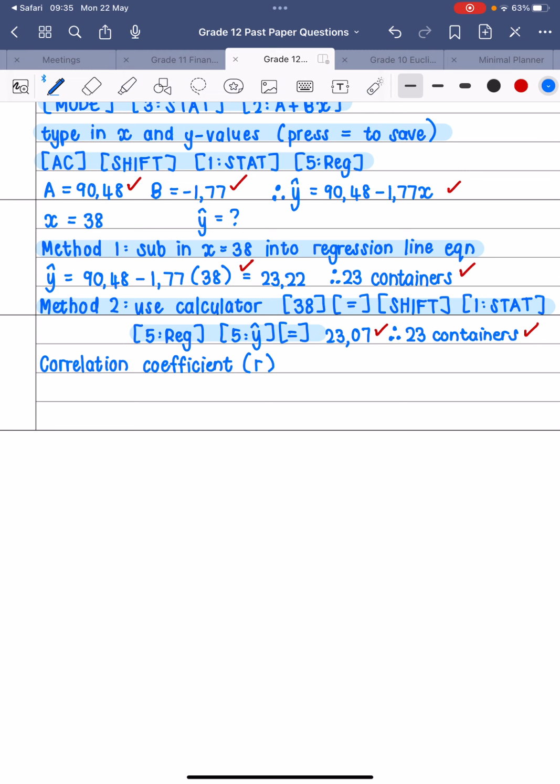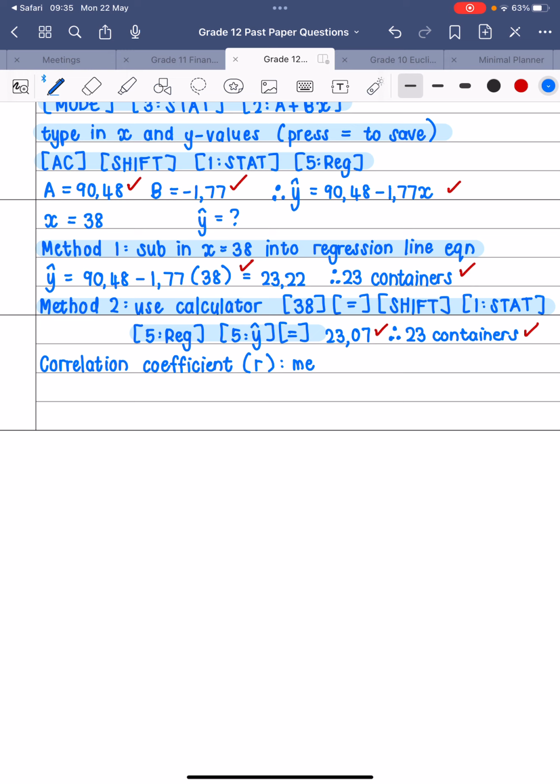I think it should make sense just logically that the number of items that you sell is impacted by the price, right? Because if something is very, very expensive, people will maybe try and find a cheaper alternative. But if the price is quite low, then people will probably buy more of those containers, right? Does that make sense? But we can't just speak out of logic, unfortunately, with data handling questions. We have to have calculations to back up our argument. So the correlation coefficient is what we are going to do for that.